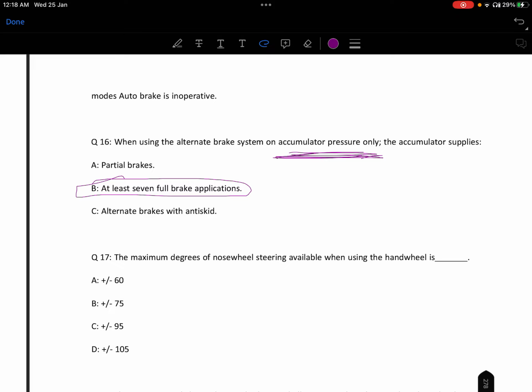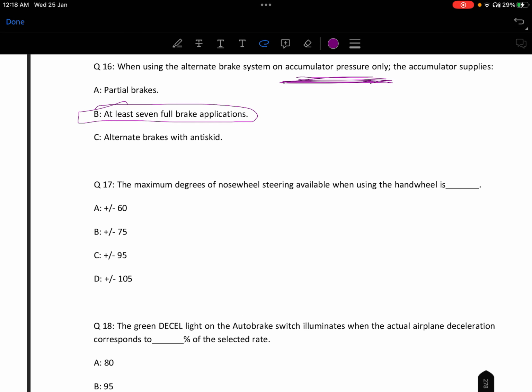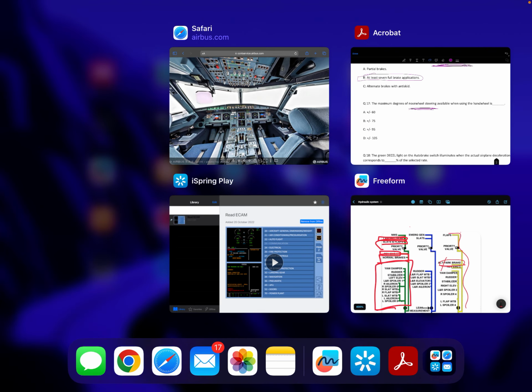The maximum degree of nose wheel steering available when using the hand wheel. By tiller, this nose hand wheel steering they are calling is a tiller. I should show you here.